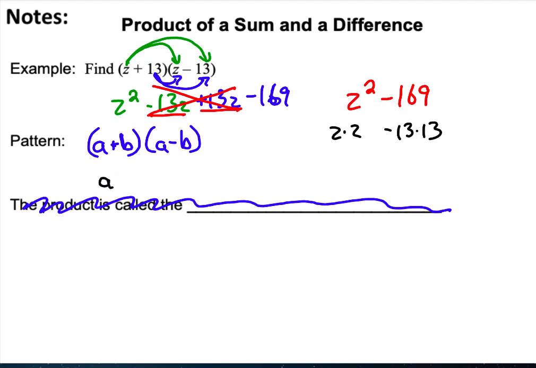We were left with a squared. We were left with b squared. And because of the different signs, it was going to be a subtraction. The middle term drops out entirely. Okay? So you're really squaring the first term, we're squaring the last term, and then remembering that it's subtracting because we had a positive and a negative version of that last term.